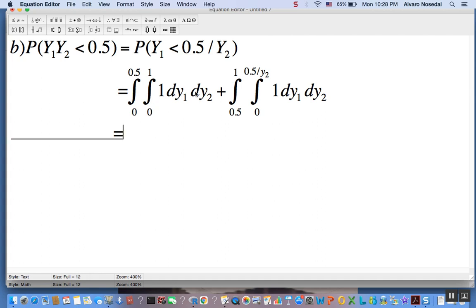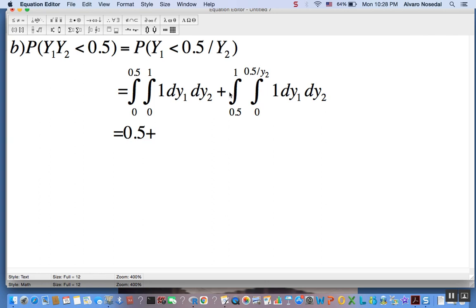And then the integral of 1 with respect to y2 is just y2 evaluated at 0.5 minus 0, which is 0.5, right? So we were correct. But in that case, the region was so simple that we could use a geometric approach. In this case, it's not so simple. But anyway, it's not going to be that ugly.